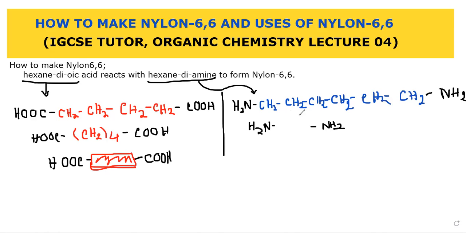Here we have 1, 2, 3, 4, 5, 6, 6 CH2s. So, make it close and 6. Okay, now we are going to symbolize this part only as any symbol on earth. It can be a circle, it can be a triangle, it can be anything on earth except this destroyed rectangle.